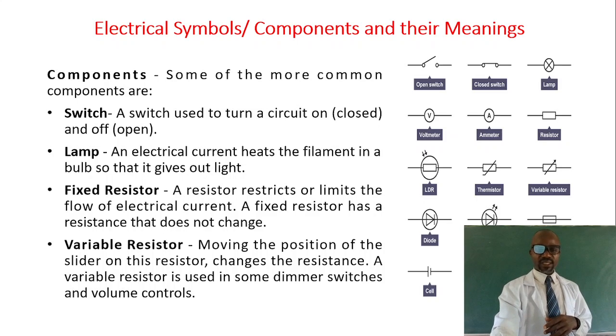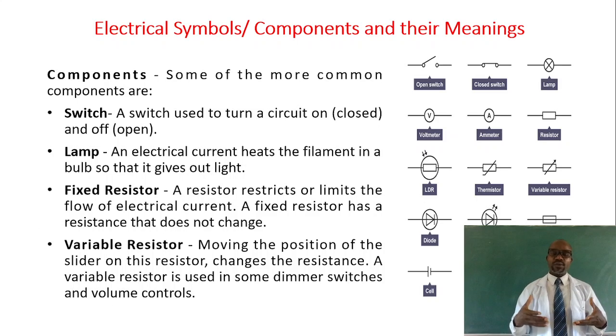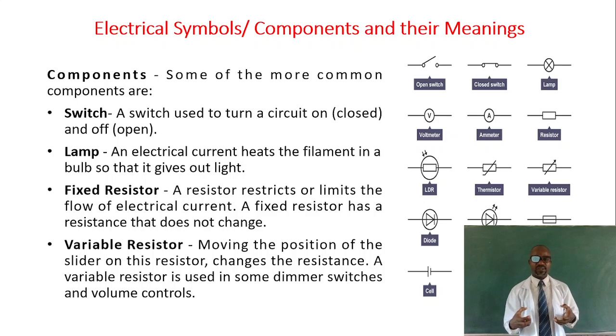Let's discuss the fixed resistor. The next component is a fixed resistor. Going by its name, we ask ourselves, why is it called a fixed resistor? It is called a fixed resistor because the value of that resistor, or the resistance of that resistor, is fixed. It doesn't change.